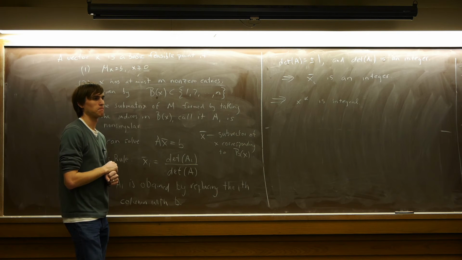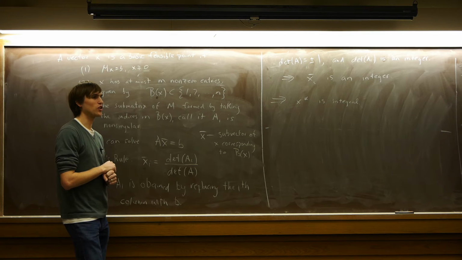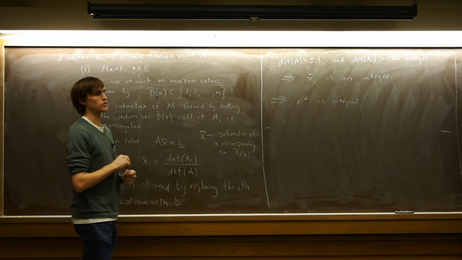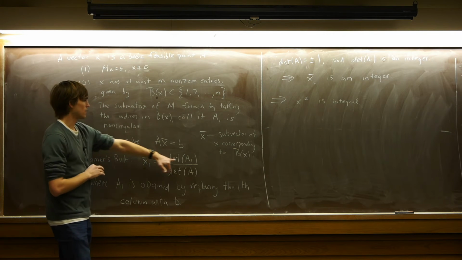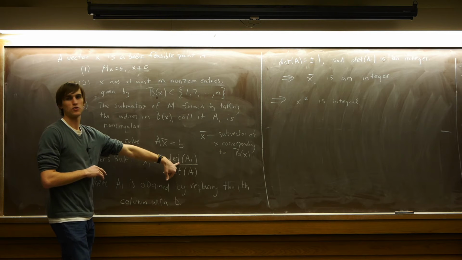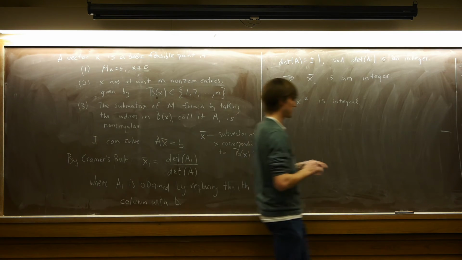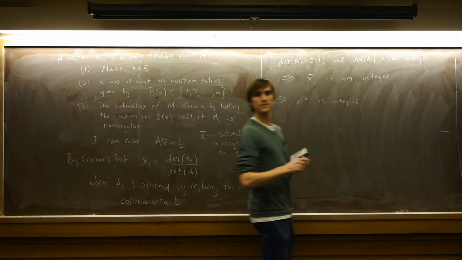I thought of a 2x2 case. I think it could; I wouldn't be surprised if it could. For some cases, you could find some vector B that might not have integer entries, but still something works out so that this is always an integer, but I don't know. Generally, just to be safe, we'll want B to be all integer valued.